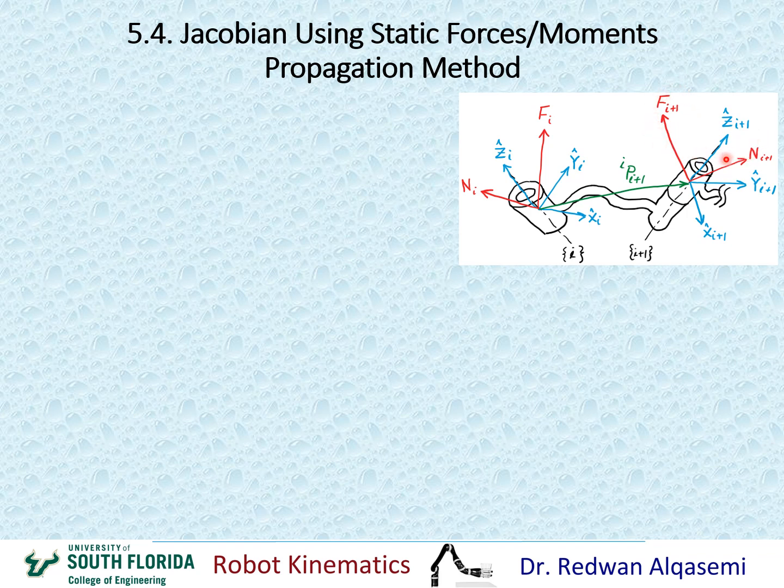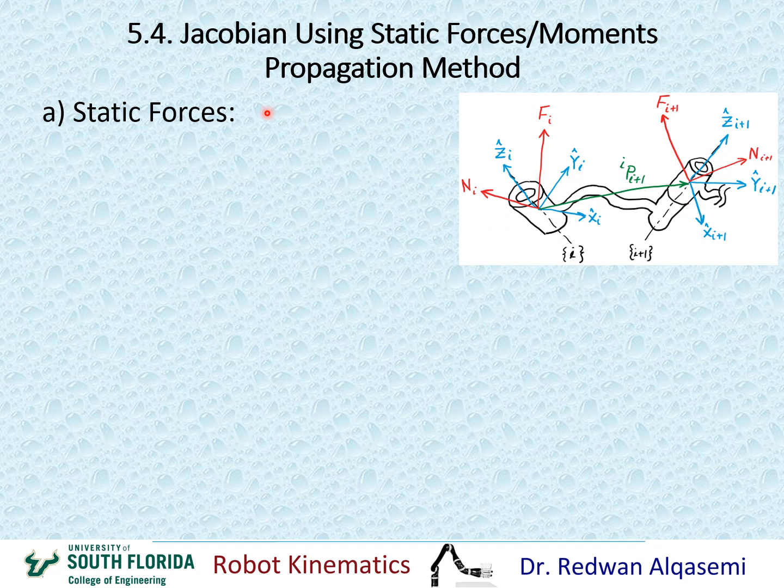And same thing with the moments. All the moments that are exerted on I due to I plus 1 are the negative of those that are defined as the moments exerted on I plus 1 due to I. And we're going to see this in the equations once we start generating the equations.